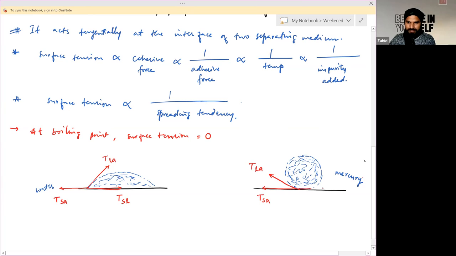And the other is along this direction, between solid and liquid. Is it clear? This T is called surface tension for that interacting interface. Wahid, is it clear?